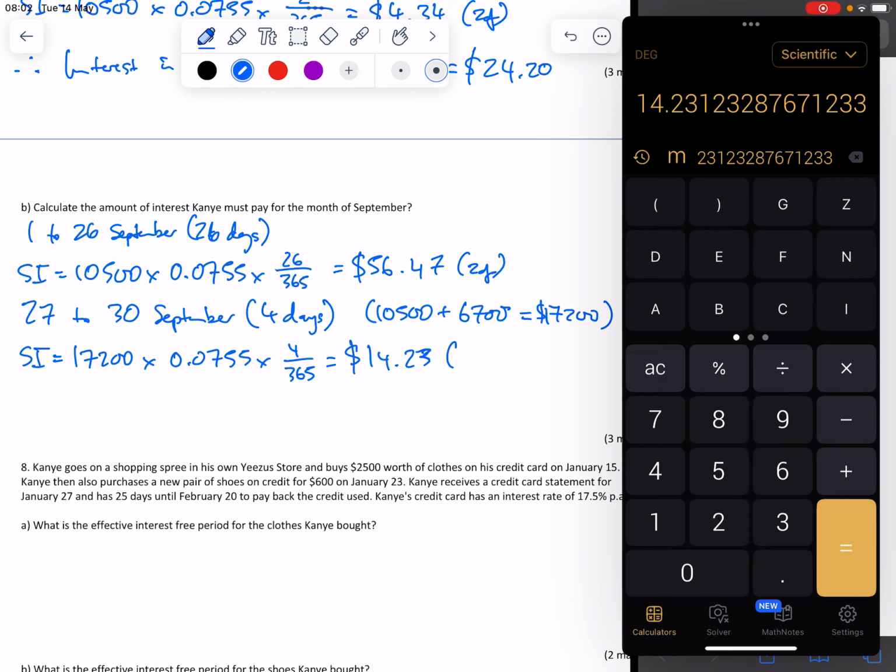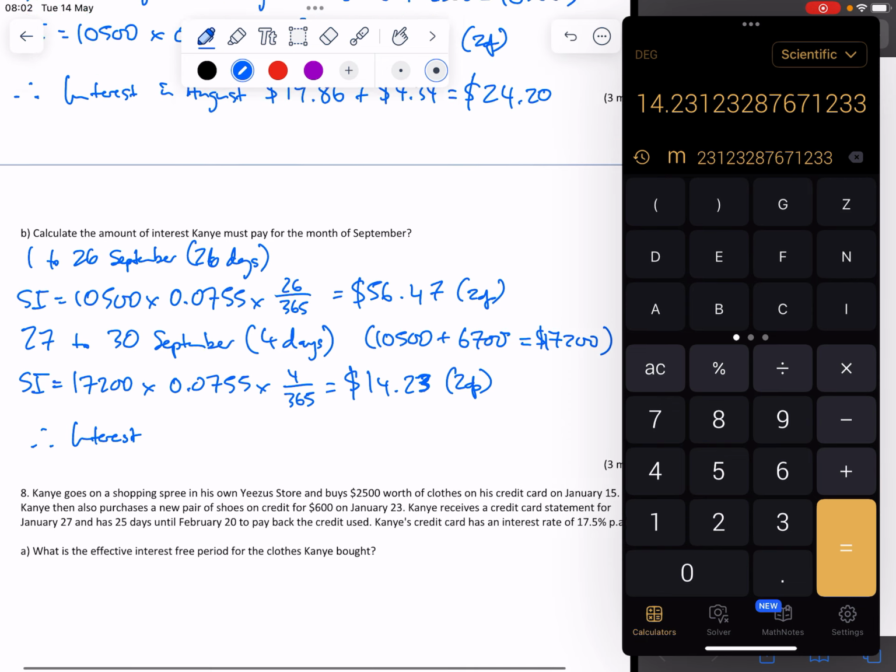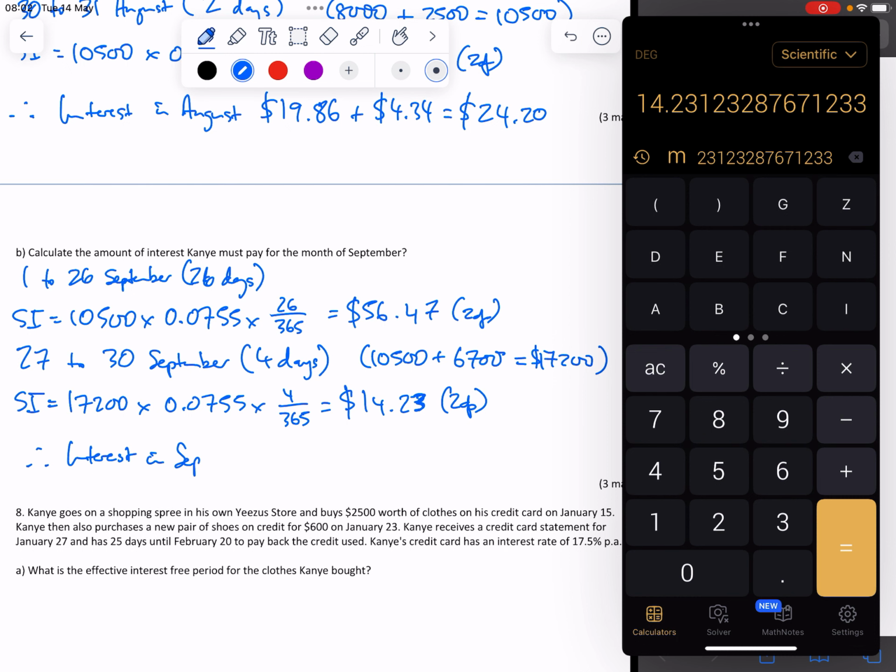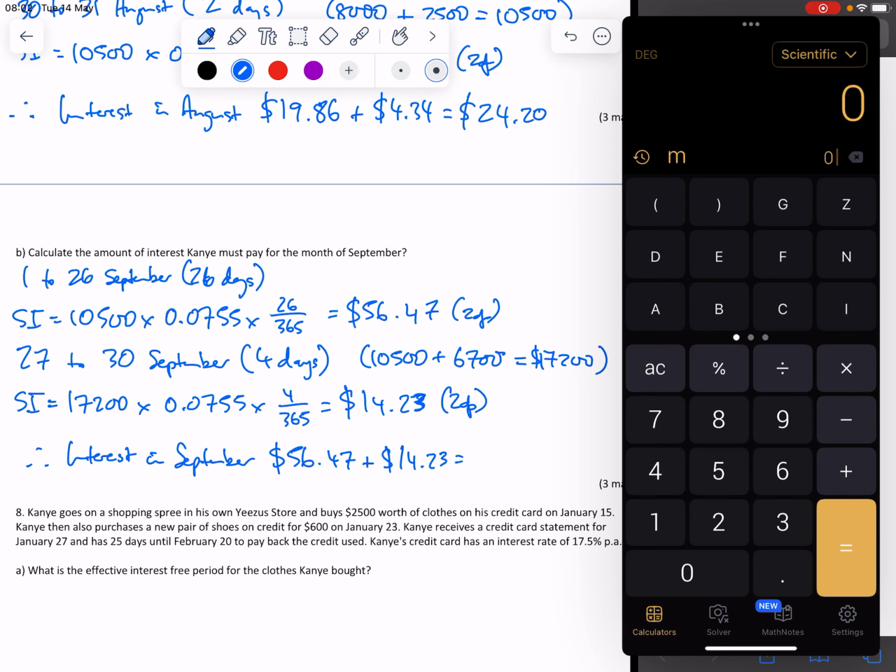Therefore, interest in September is $56.47 plus $14.23, which is $70.70.